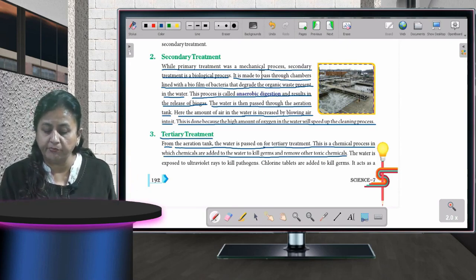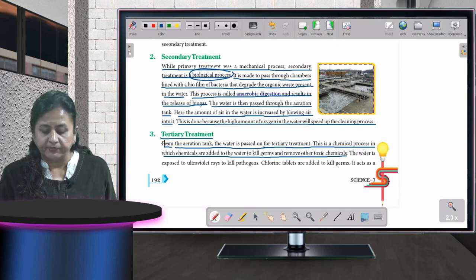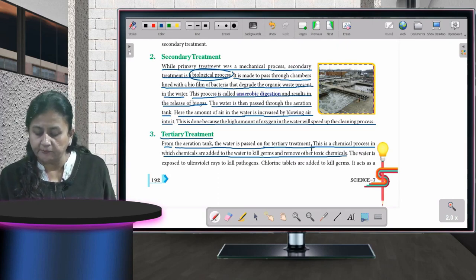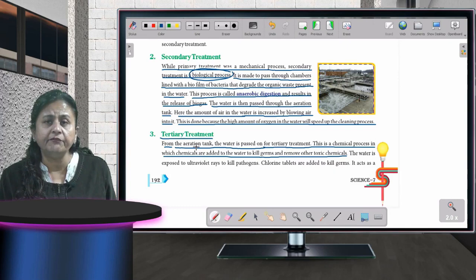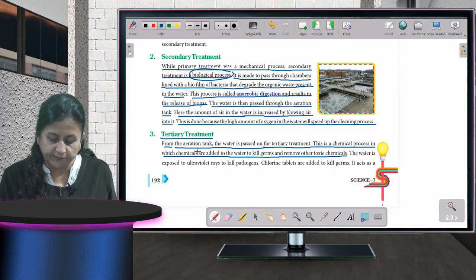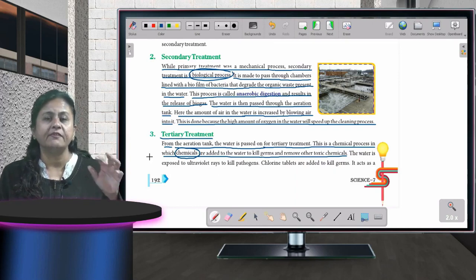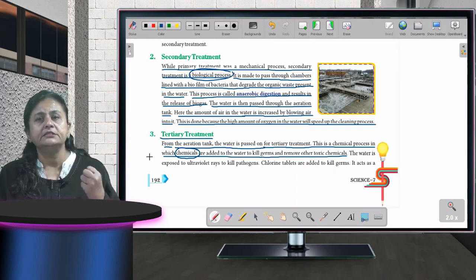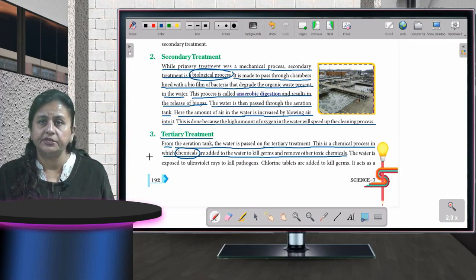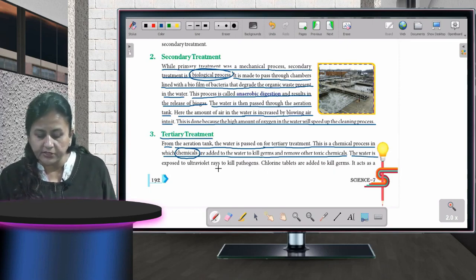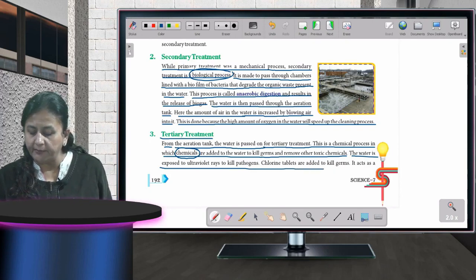In secondary treatment, we were treating it through a biological process, and in tertiary treatment, we are adding chemicals over here, and once the chemicals are added, it kills the germs and the bacteria which are in the water. The water is exposed to ultraviolet rays to kill pathogens. Chlorine tablets are added to kill germs. Fine.